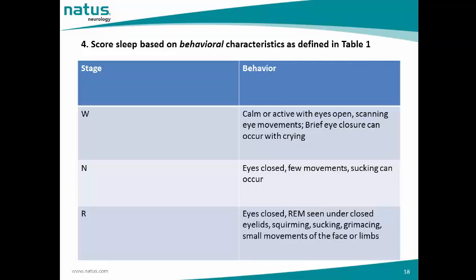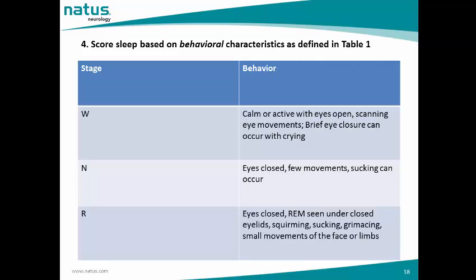This table summarizes the behavioral characteristics.